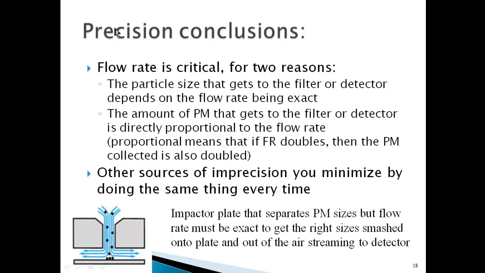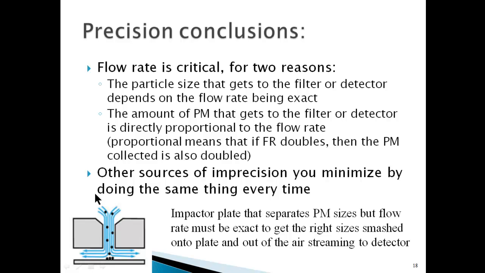So the conclusions about precision. Well, first of all, why is flow rate so critical? Well, it's because the particle size that gets to the filter or the detector depends on the flow rate being exact. Now how that works, for example, in the DustTrak, well, in a lot of devices, they have what's called an impactor plate. Sometimes they have a cyclone.